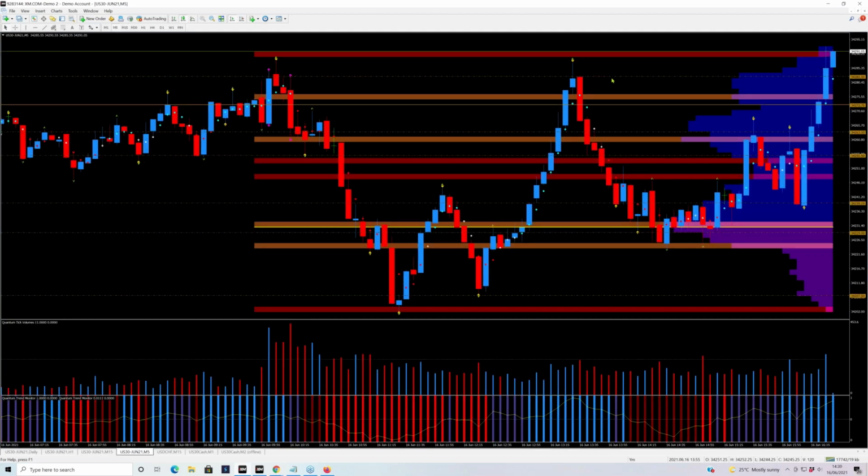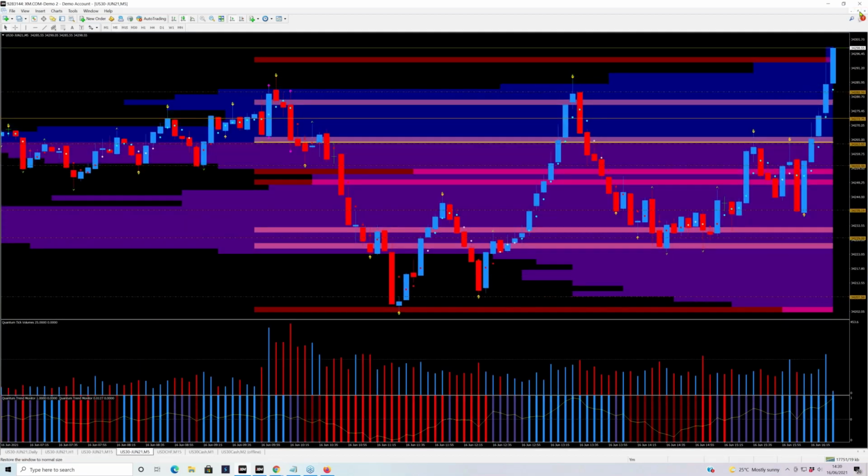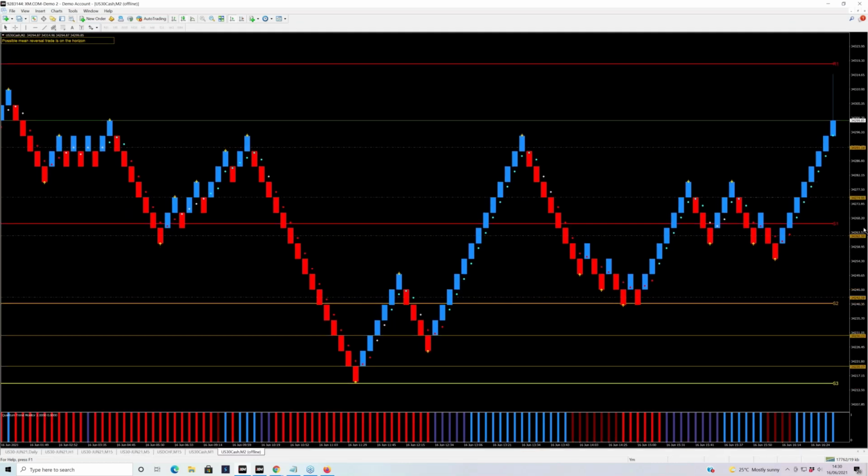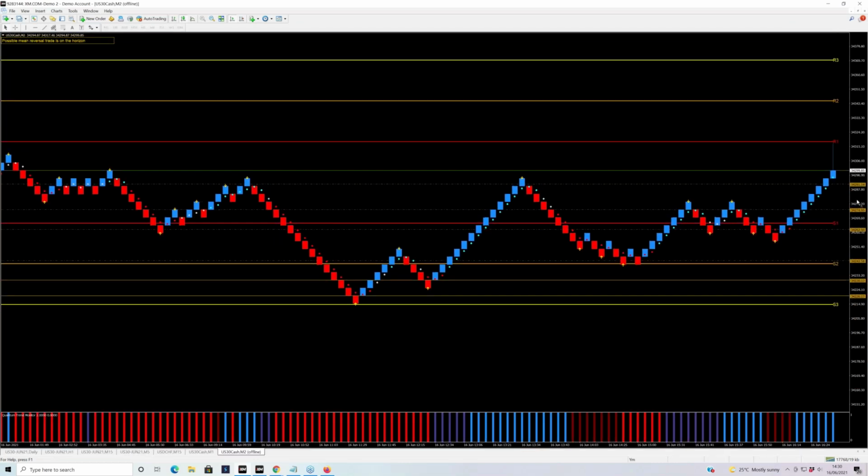Then I have the 5-minute. There we are, off it goes. And I then have a Renko chart. And I'm glad you can actually see the Renko chart, because it not only gives you a geometric look at the price action, it actually gives you insight into the momentum. And by momentum, I mean the speed with which the market is moving.